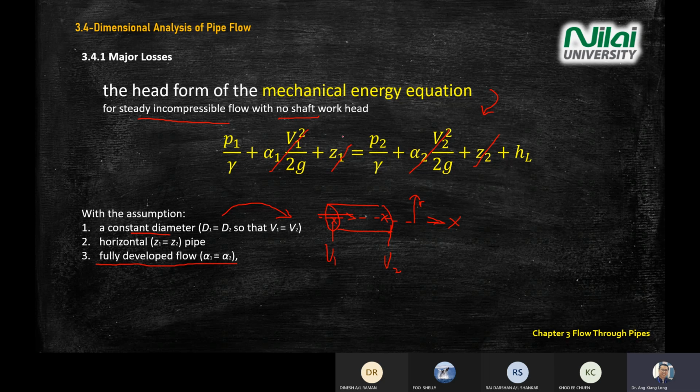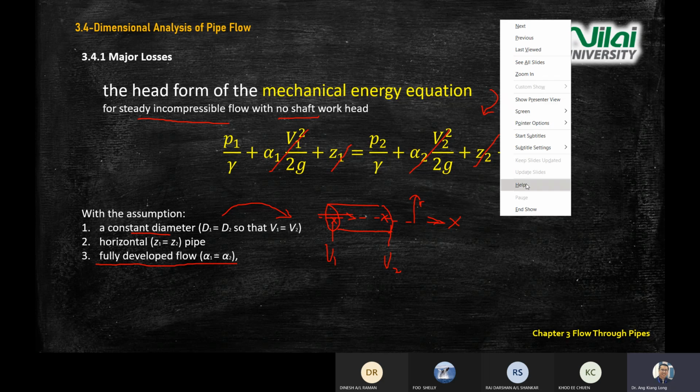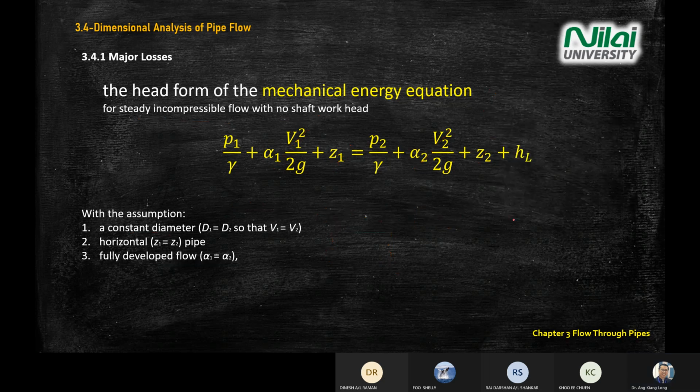So the rest is just rearranging of this equation. You will have delta P equal to P1 minus P2, equal to specific gravity times HL.